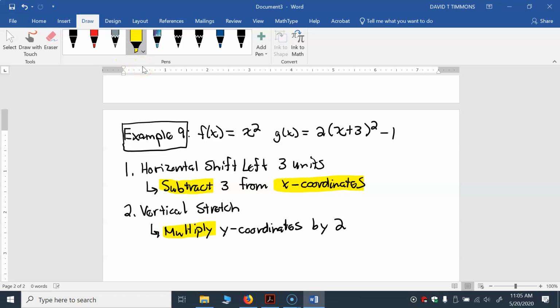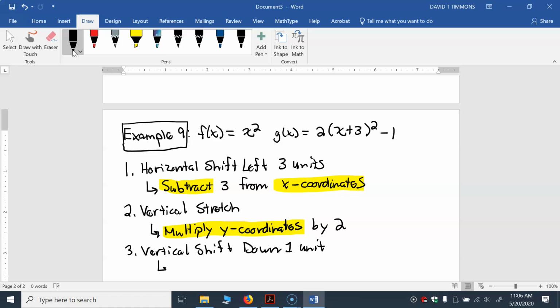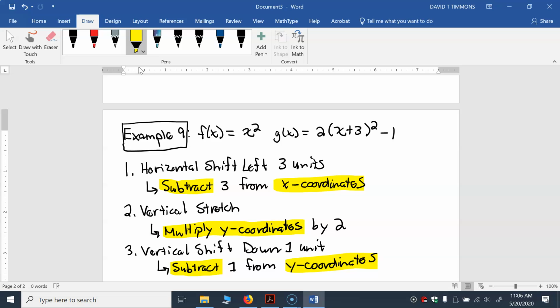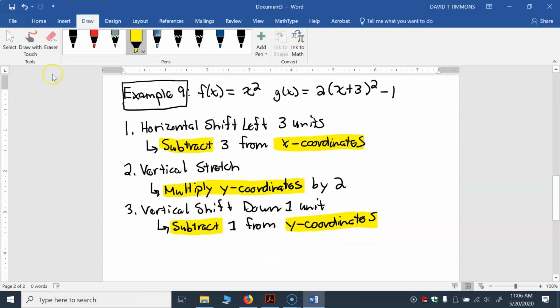Right, so there's that manipulation. And then third, we have a vertical shift down 1 unit. And so we will subtract 1 from the y coordinates. So again, very important to set up these problems when you have the sequences.